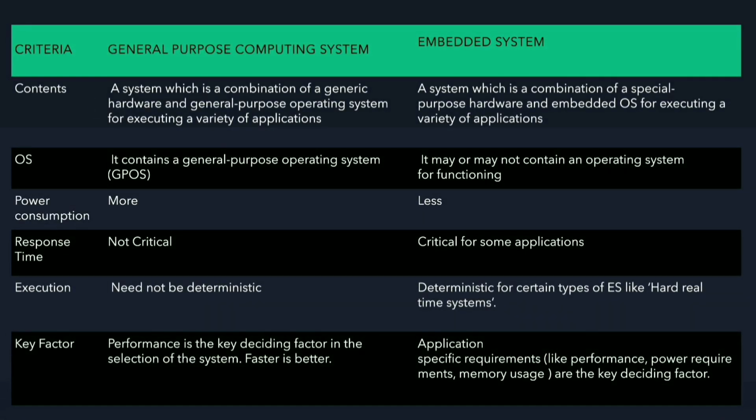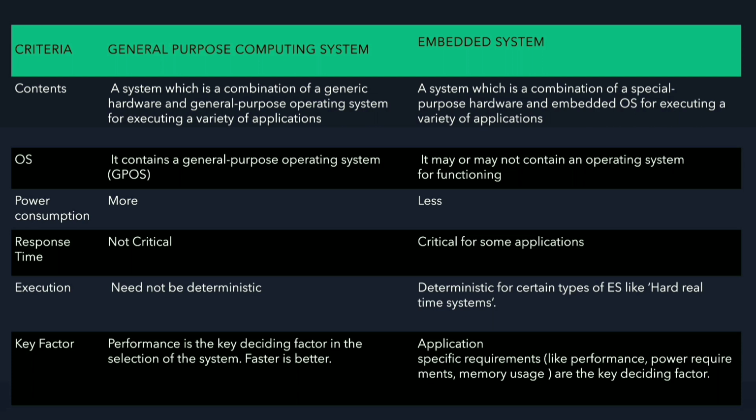Now let's know the difference between the general purpose computing system and the embedded system. Based on the criteria, we have differentiated the general purpose computing system from the embedded system. On the criteria of the contents, a system which is a combination of generic hardware and general purpose operating system for executing a variety of applications is a general purpose computing system.